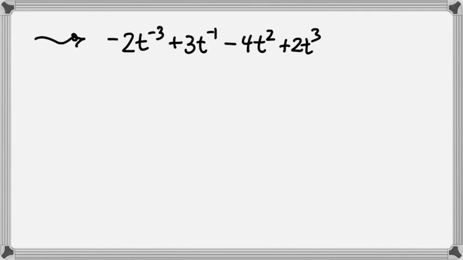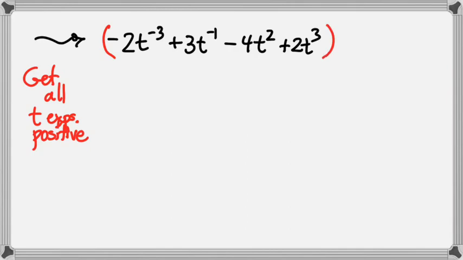To normalize it, we want to get all the t exponents to be positive. So what should I multiply by here if I want to make all the exponents on my t's positive? T to the third will do it. Yeah, exactly.